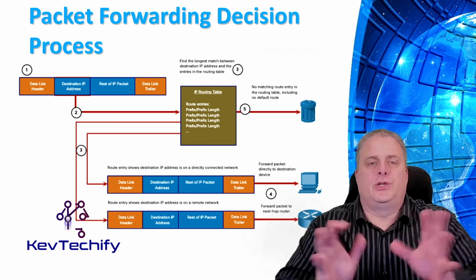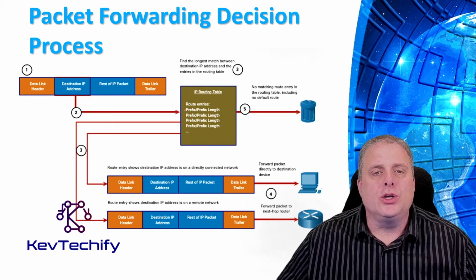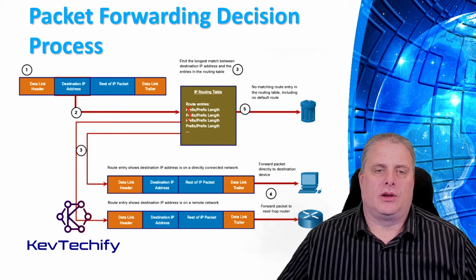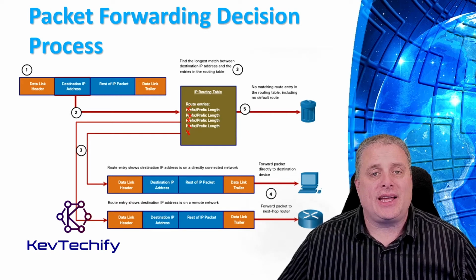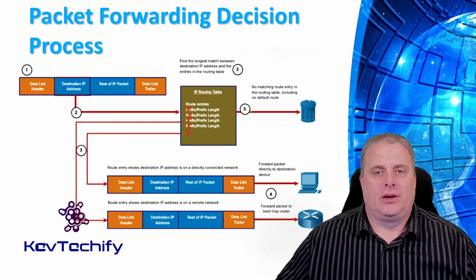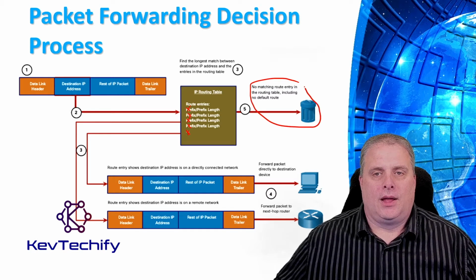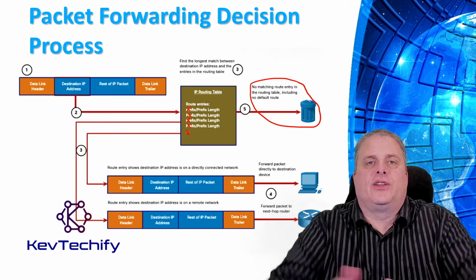If the situation does occur where it gets the destination IP address and looks at the routing table, and it doesn't match the first one, doesn't match the second one, it doesn't match any of the routes in that routing table, what's going to happen is we're just going to discard it. We're going to drop it at that point in time, because we don't know how to get to its final destination.